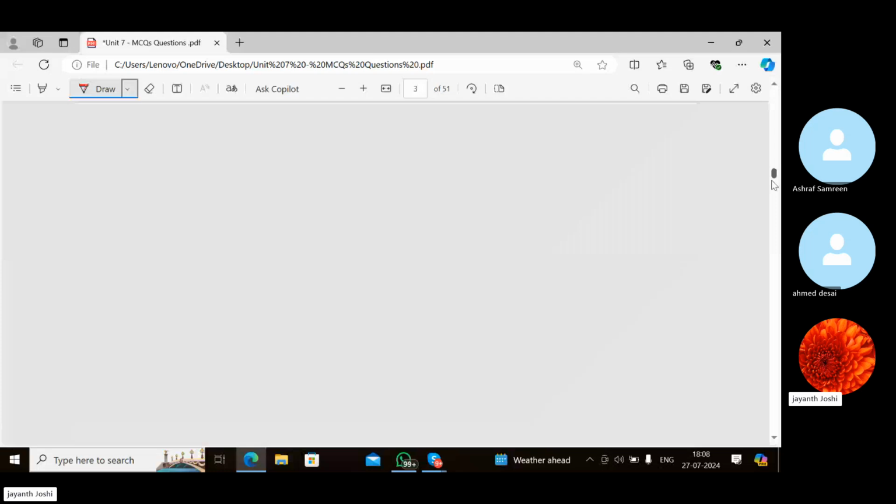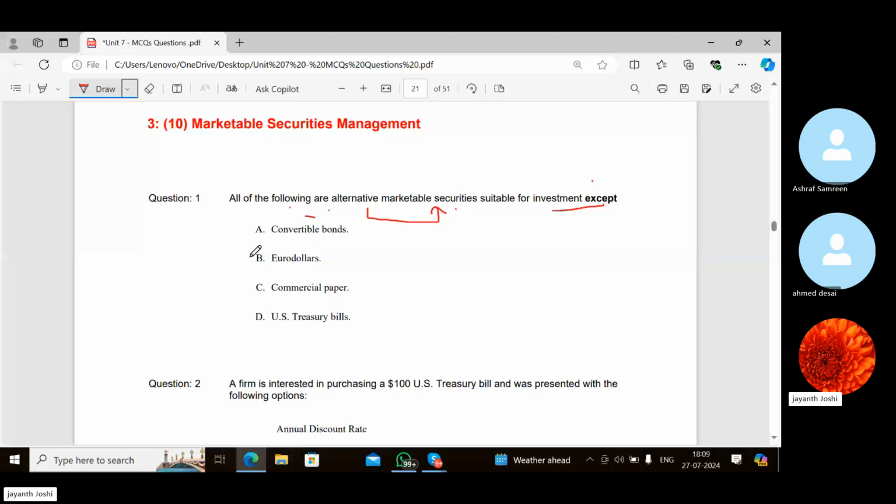Okay, first question. Please try to solve this and tell me what's the answer. All of the following are alternative marketable securities suitable for investment except. So, marketable securities are something which you can easily buy and sell in the market.